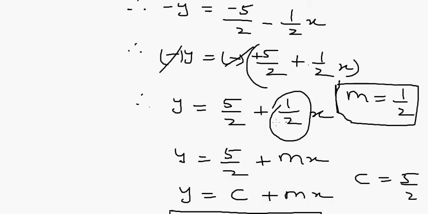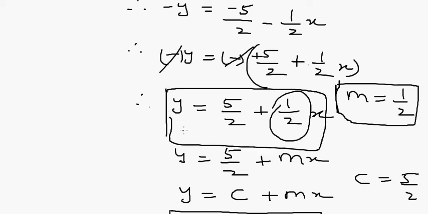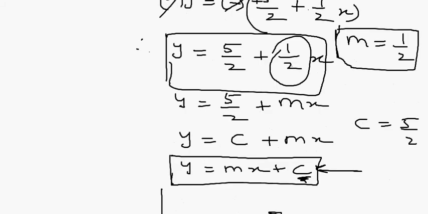If this is the equation of the line, then y and x are just any random points on the line, of course. I just said that 0, 5 by 2 was on the line.